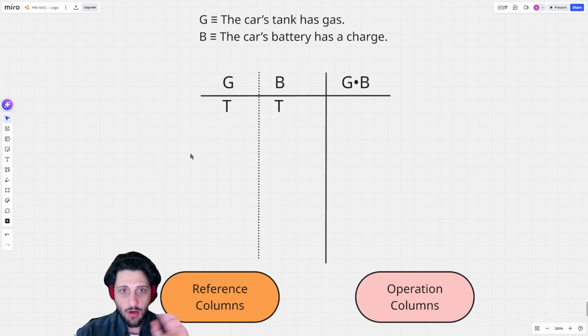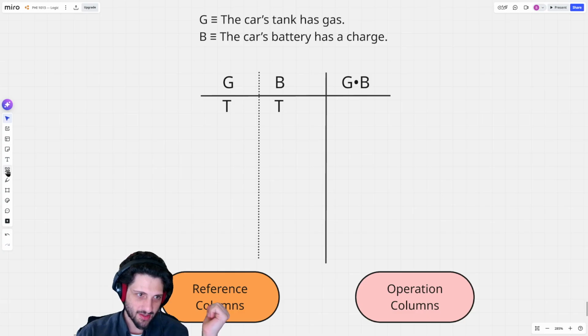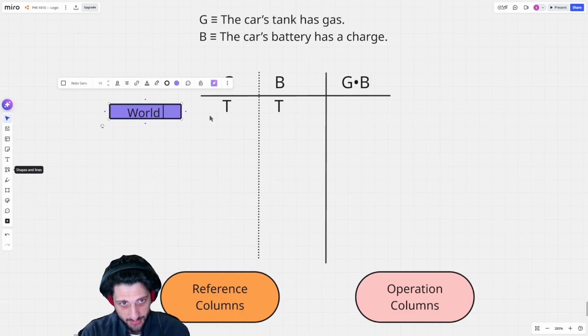Right? Like it could be true that my car's battery has charge. And so what we want to do is think about this right here as world number one, or I'll even say possible world number one.